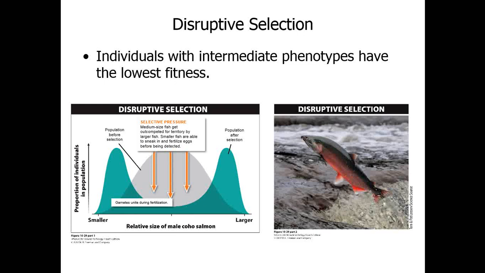So they can fertilize the eggs before they're noticed. That's how we've got the two populations of both larger and smaller males. The intermediate sized males are still recognizable as being male, but they are outcompeted, and the females are not super excited or turned on, and they are not hot for those medium-sized males. And so this is where you see disruptive selection. Two extreme phenotypes have the best overall fitness.